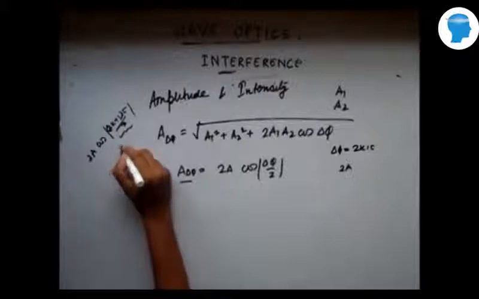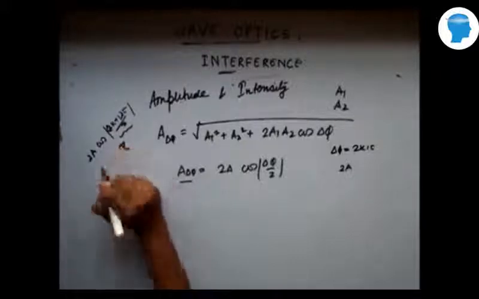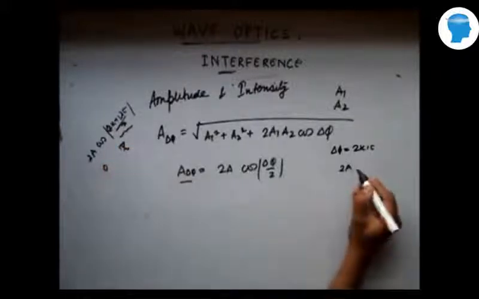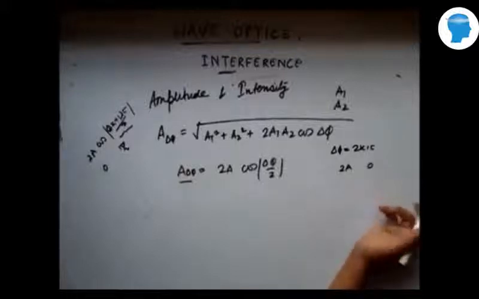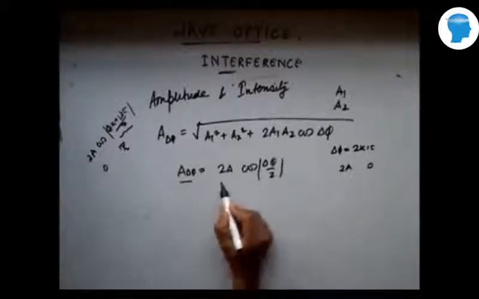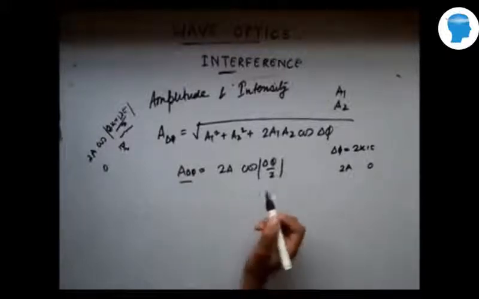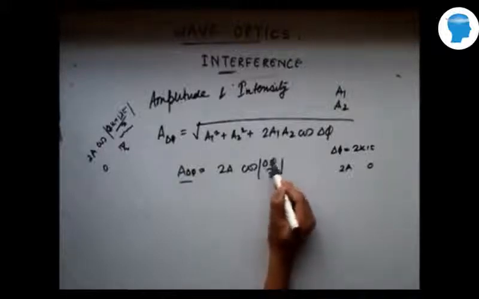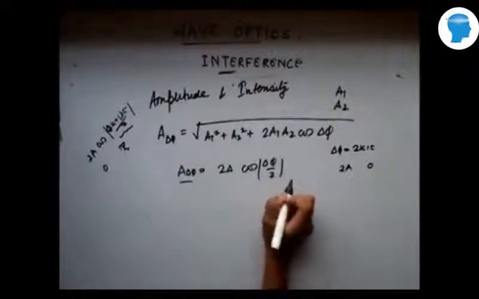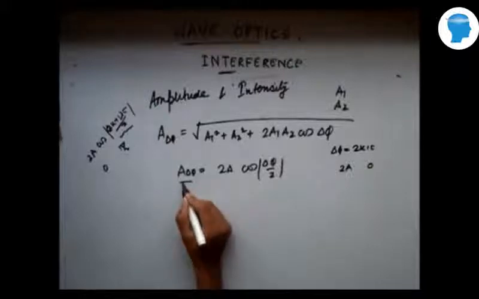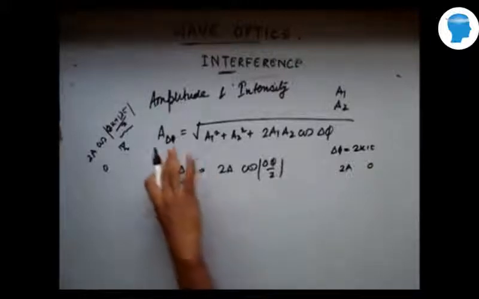So this is an odd multiple of pi by 2, so cos of this angle is 0, so this is 0. Okay. So you can see that from this equation I can find the resultant amplitude for any given value of phase difference.